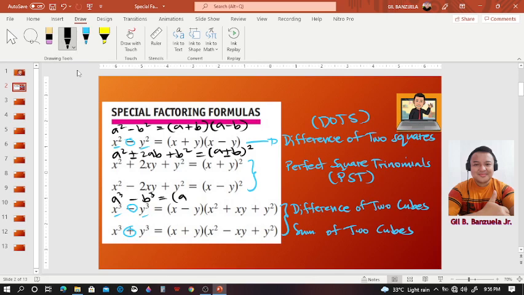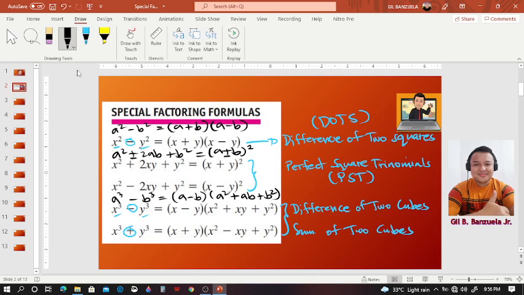So, kunin lang natin yung ating A and B. Then, if it is minus, so we copy the minus dun sa binomial. Then, the rest, positive na. So, you just get the square of your A, then plus the product between A and B, then plus the square of your B. Ayan. So, basically, pareho lang yan. So, mamaya, ipapakita ko sa inyo kung paano yan ginagawa.